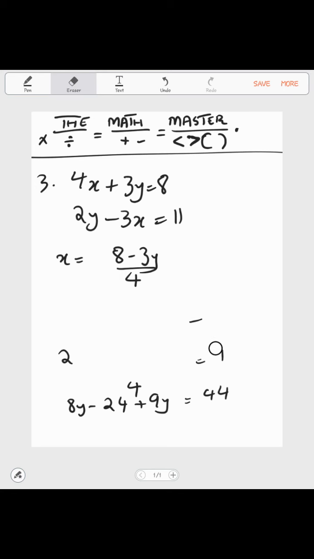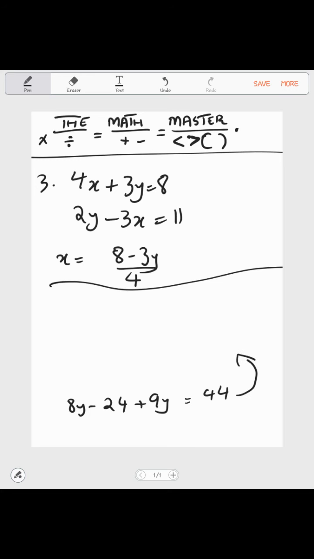After this, erasing these steps: 8y plus 9y is 17y, minus 24 minus 44, let me use a calculator real quick, just a minute guys.